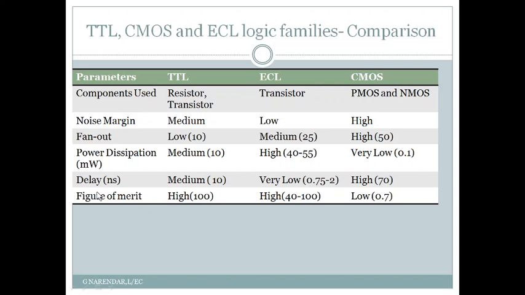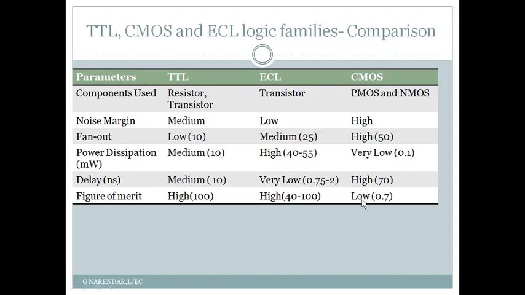Here you can see that this figure of merit is around 100 for TTL, and around 40 to 100 for ECL, and it is very low for CMOS, which is around 0.7. Normally we prefer the logic family with the least figure of merit. So the CMOS family has the lowest figure of merit, so it is preferred among the three families.